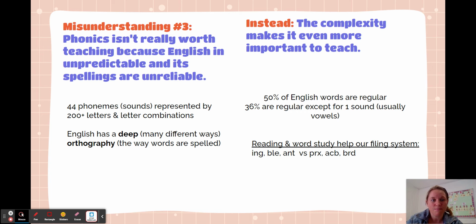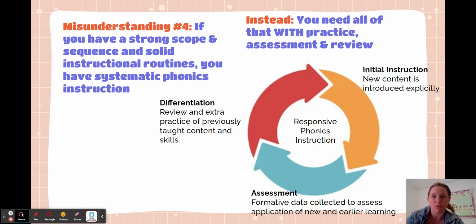And a lot of those other combinations, the percentage that do not follow the rules, they're following something. There are some patterns there, and the more that we teach those, the easier it gets for students.